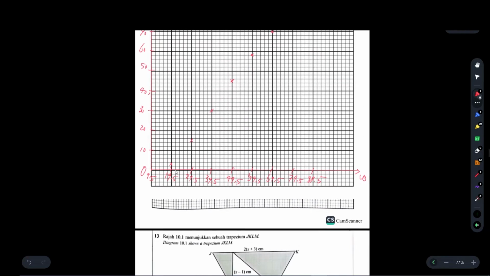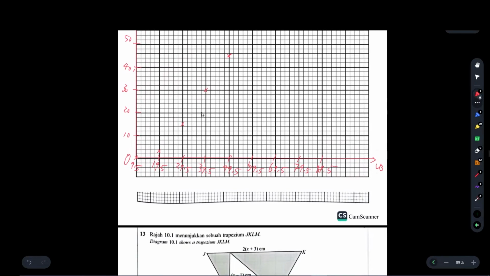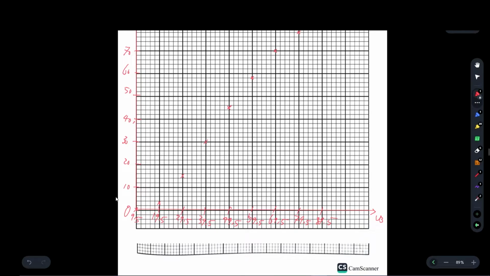What I mean by starting point is that we're gonna start from y equals 0. So that's why we're gonna add one more upper boundary to the left. So it starts from 0, and then we now need to connect it together. This will take some time, so bear with me.